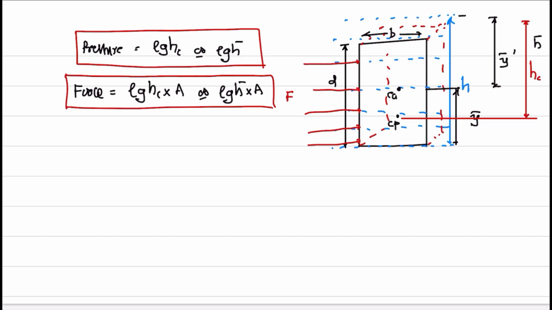The total resultant pressure acts at the center of pressure. That is the point from which the height of the water column should be calculated. It should not be from the bottom, it should not be from the center of gravity, it should be from the center of pressure.